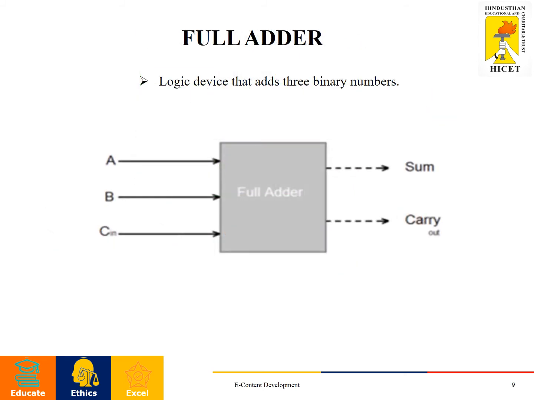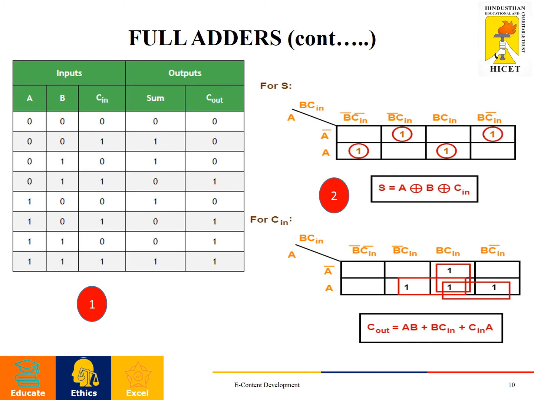And next is the full adder. Like half adders, this full adder adds 3 binary numbers, namely A, B and C, and it produces 2 outputs, namely sum and carry. And for the full adder, this is the truth table.